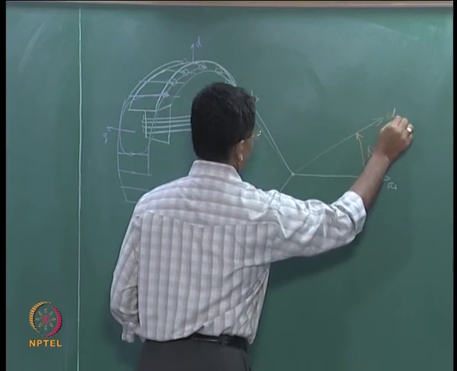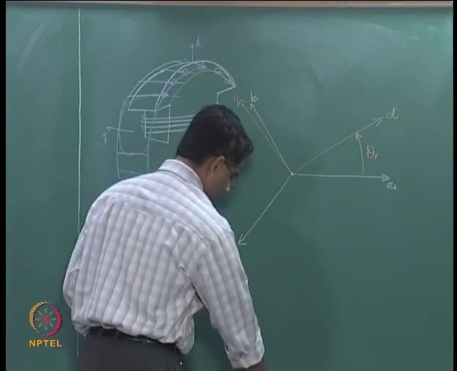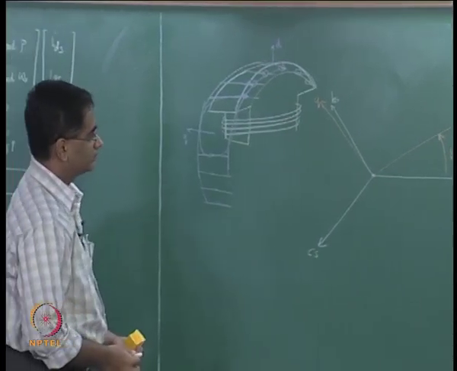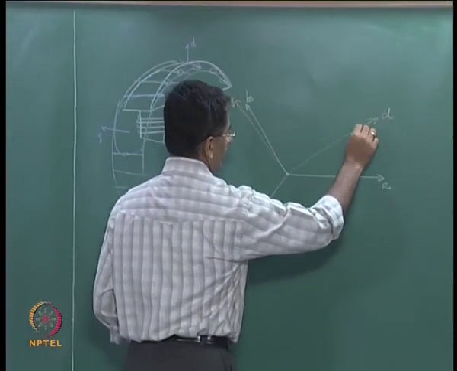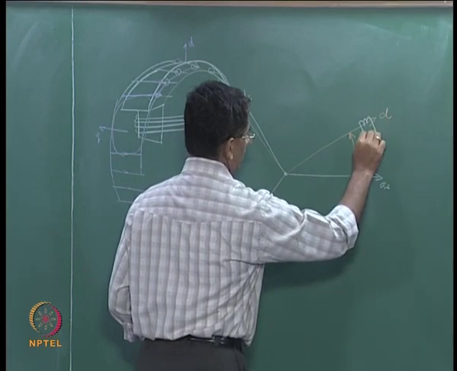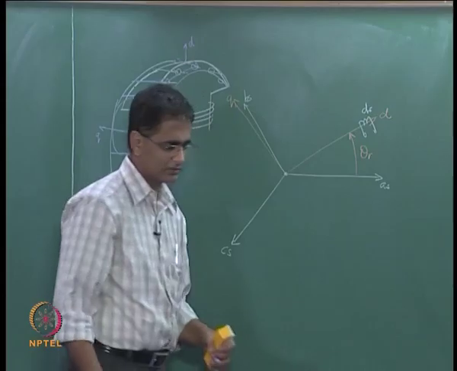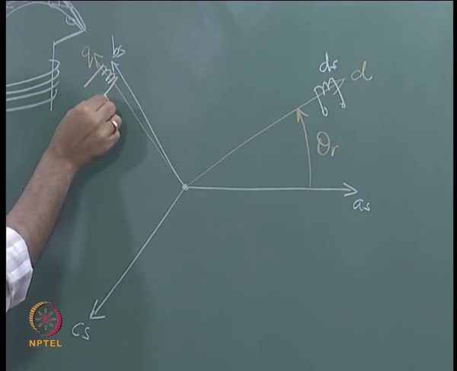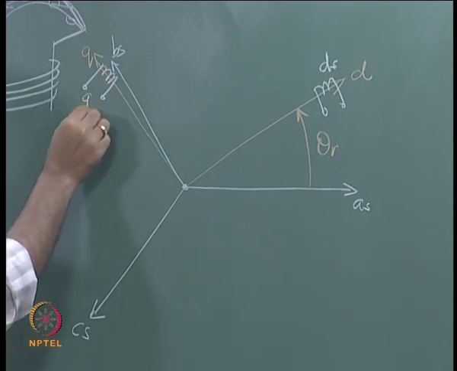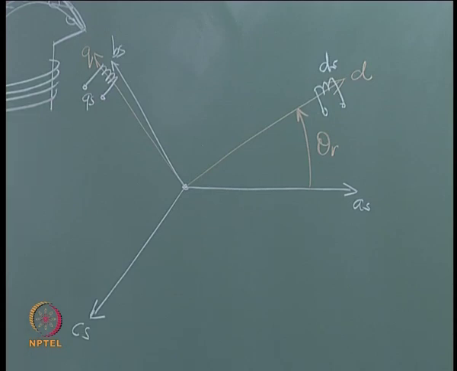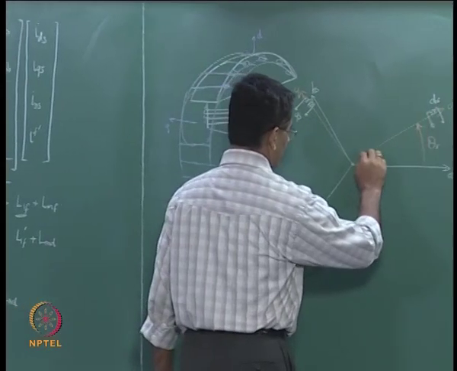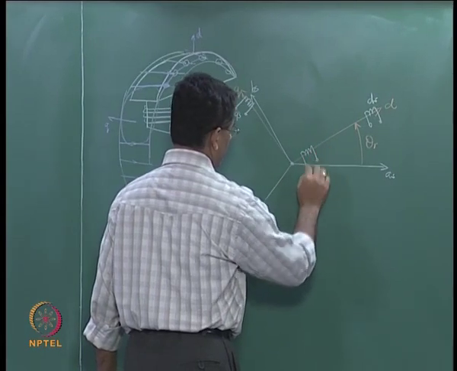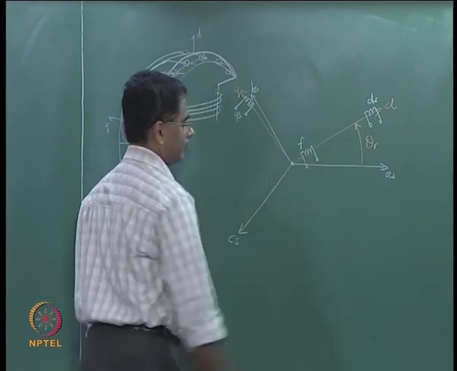So, this is your D axis and the Q axis. What we had done earlier was you had the DS axis, DS excited, which is the stator winding converted to the synchronous reference frame, which gives you a DS and QS coil. This is QS coil. Apart from this, in the model that we had written down, we had a field excitation which was there along the D axis field.